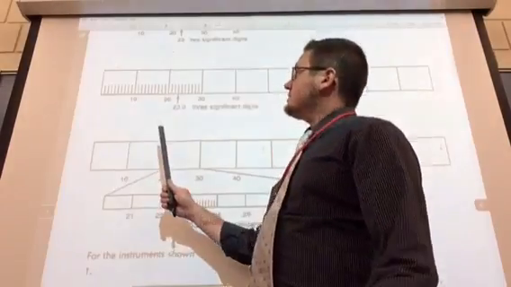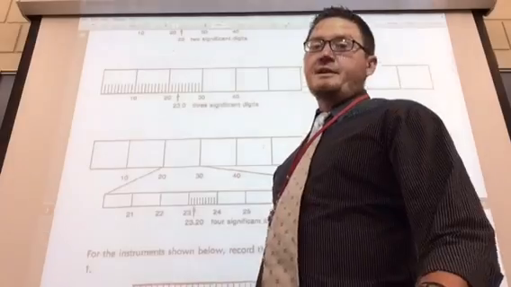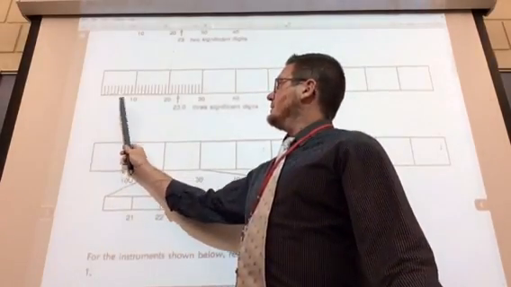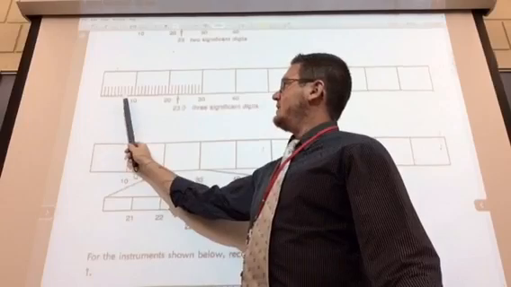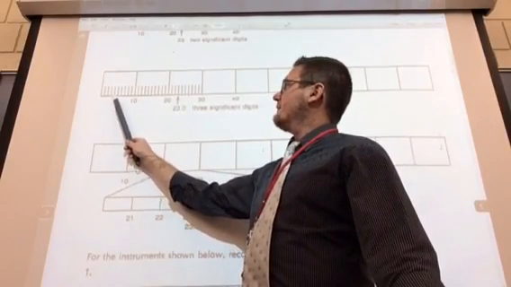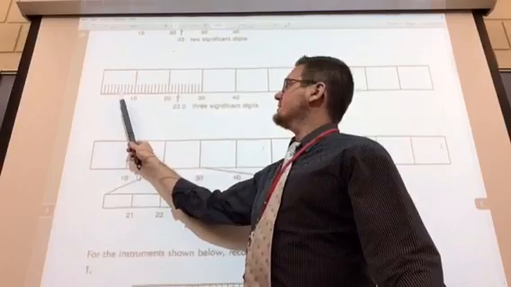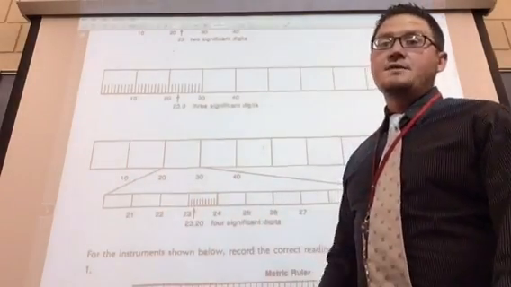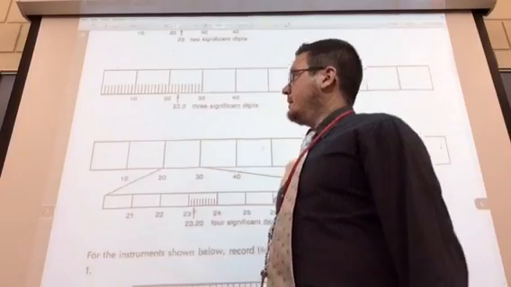And you can check yourself by counting each line. If each of these lines has a value of 1, this should be 10. So 1, 2, 3, 4, 5, 6, 7, 8, 9, 10. So we definitely know they have a value of 1.